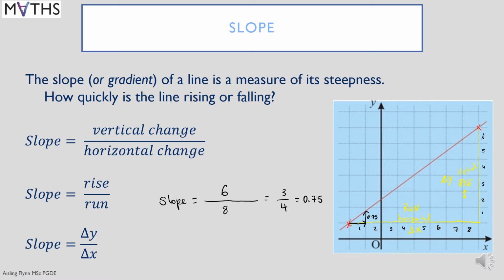Okay, if the x axis was to represent years, and the y-axis was to represent population, let's say by 1,000 of a little town, it would say that every year that passes, the population increases by 0.75 by 1,000, by 750 people.